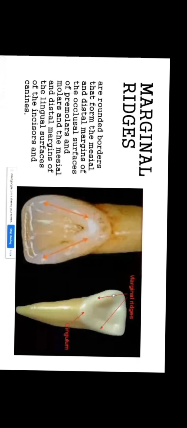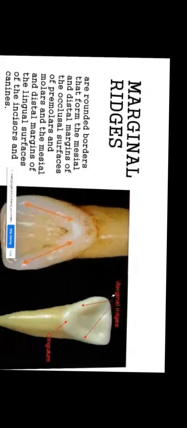Next, we have triangular ridges. They descend from the cusp tips, from the tips of the cusps of molars and premolars toward the central part of the occlusal surface. Again, triangular ridges are for posterior teeth. They descend from the tip of the cusp. So this is one cusp, and this is another cusp.